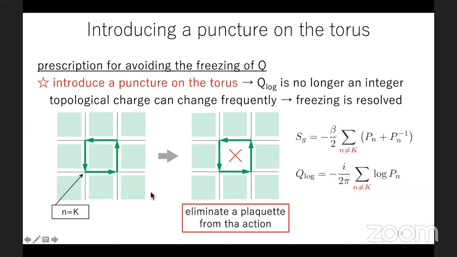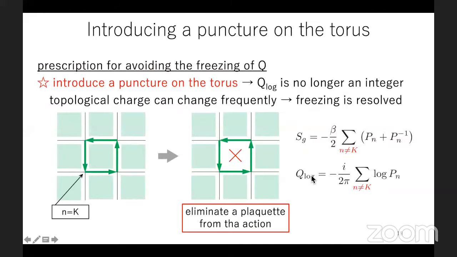In terms of the lattice action, we eliminate one of the brackets from the action. If the explicit formula is like this, we don't include one of the brackets in the kinetic term and also in the topological charge. We call the model with a puncture the punctured model.